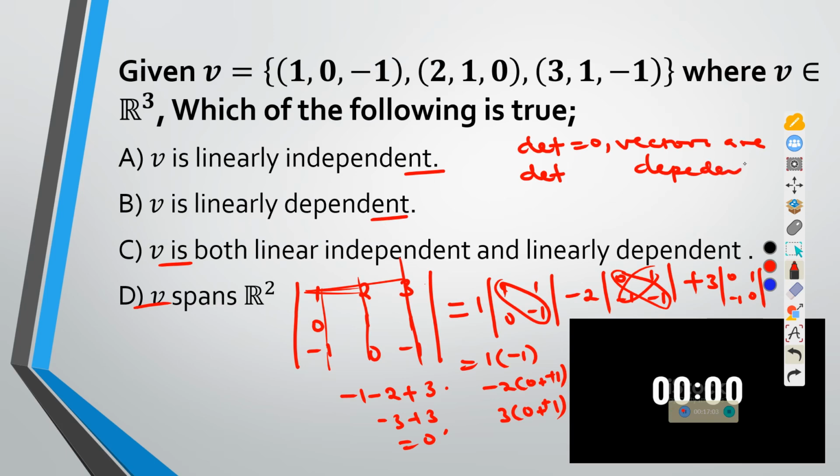It means the vectors are dependent. So for that case, our answer will be part B. So if the determinant is not 0, then they are independent, and that will be our answer. So that will mark the end of our objective questions.